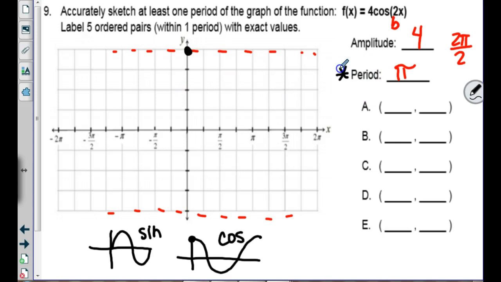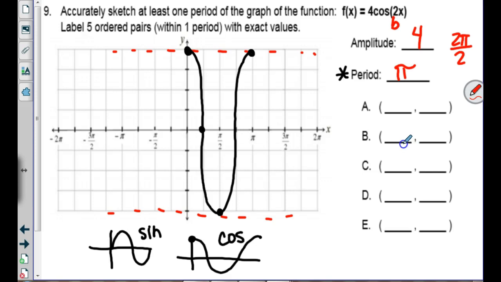This one had a period of pi. So halfway there, it's at a minimum. And halfway between, it's crossing the midline. So there's one period. You could draw more than one period, but you need to label 5 ordered pairs within one period.